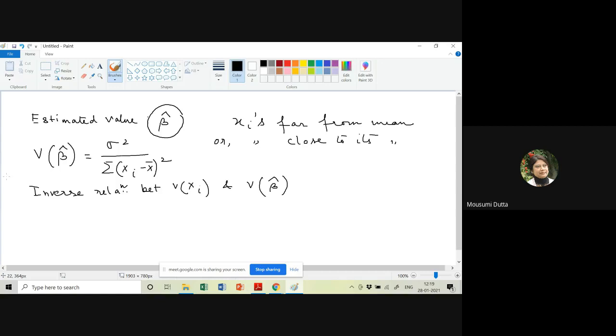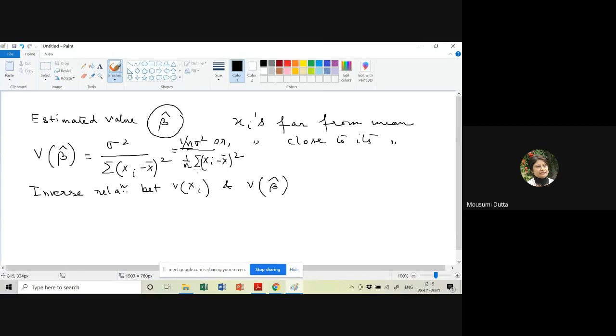Actually, you may write the denominator in this way too.